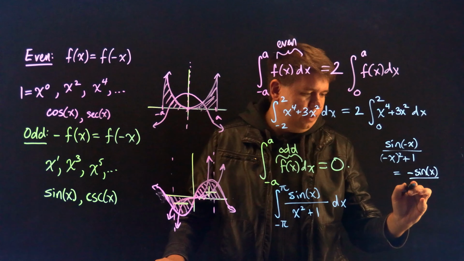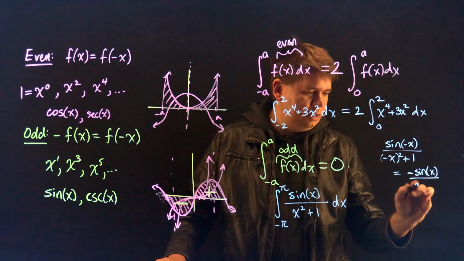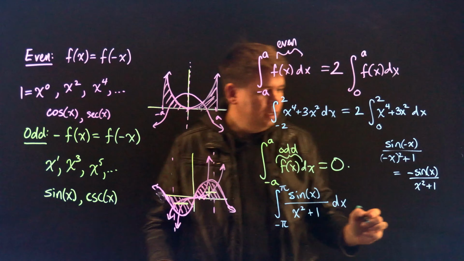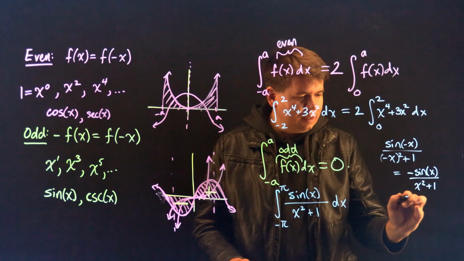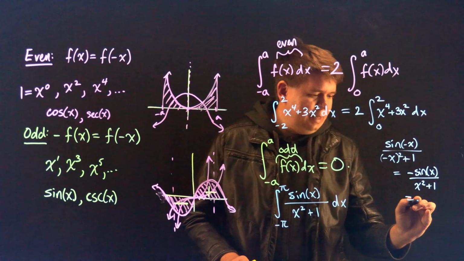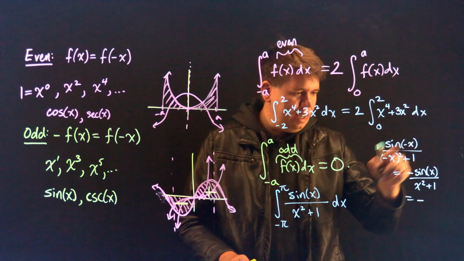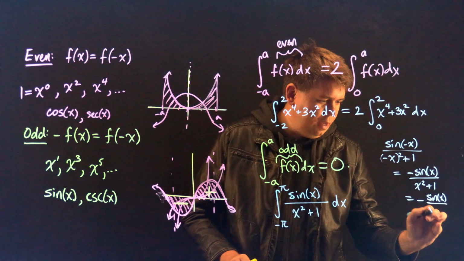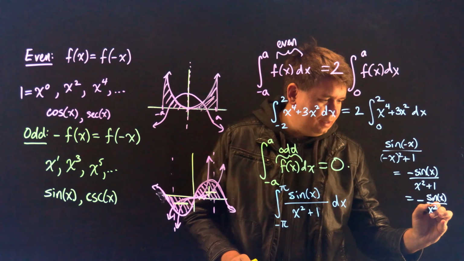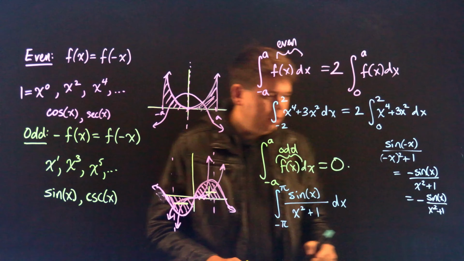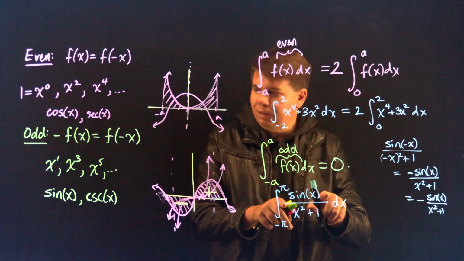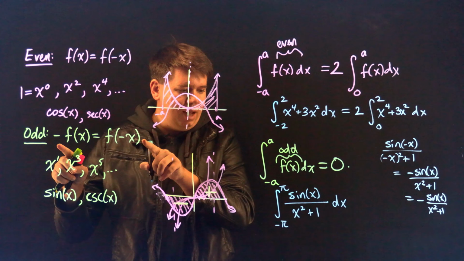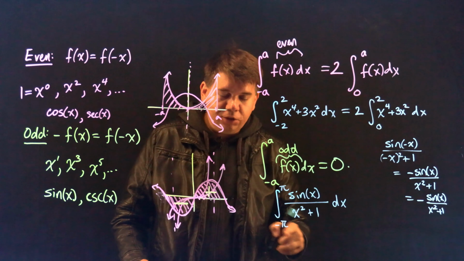X squared is even, so negative x squared is just x squared plus 1. But when I plug in the negative x, I end up with just the negative of what I had when I had regular x that wasn't negative. So I end up with just a negative sine over x squared plus 1, which means that this function satisfies the definition for being odd. So this overall function is odd.